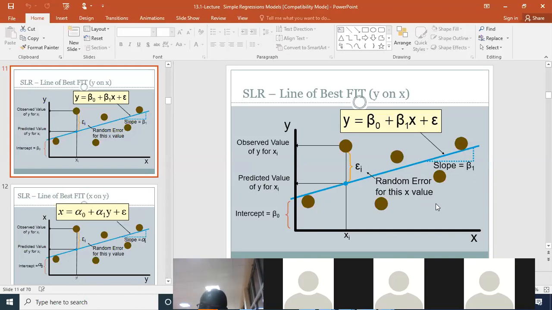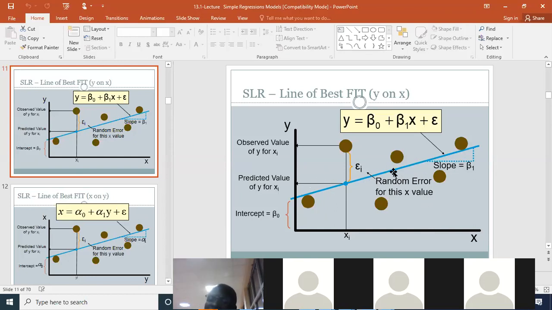I'm explaining this line. Any point on this line, because this line is generated from data, is called a predicted value of y given x. If you have x here, the predicted value will be this one.